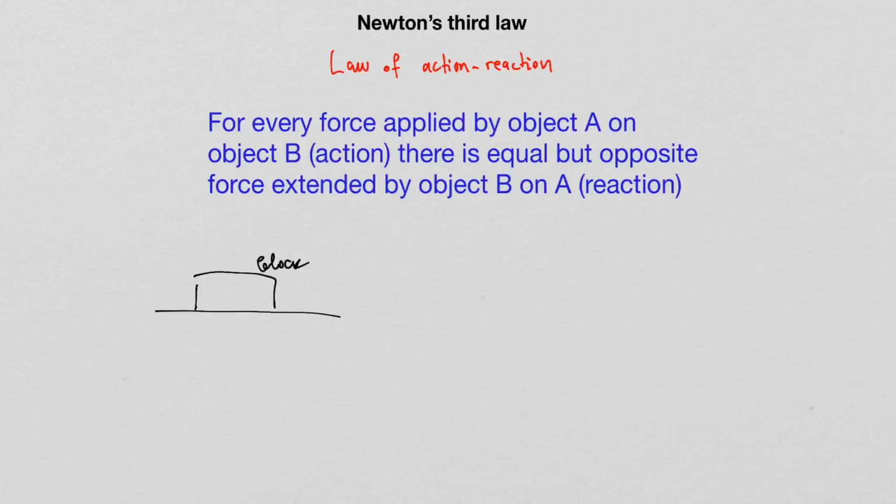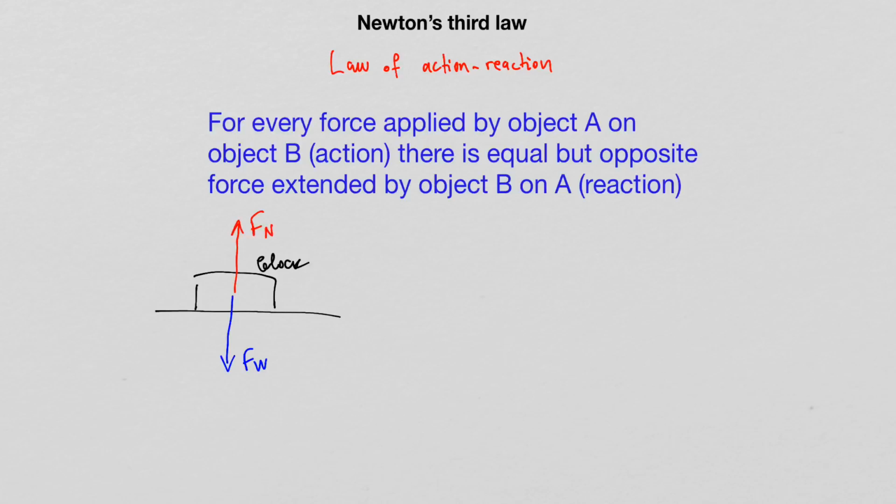The first example we've already discussed several times in different contexts. That would be a block that is resting on a horizontal surface. The block is applying force on the surface, and that force would be the weight of the block. And as a result, the surface pushes back on the block with what we know is the normal force.